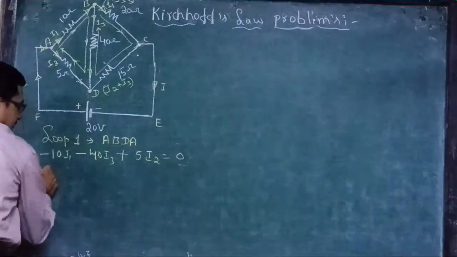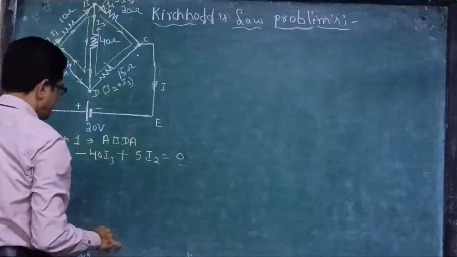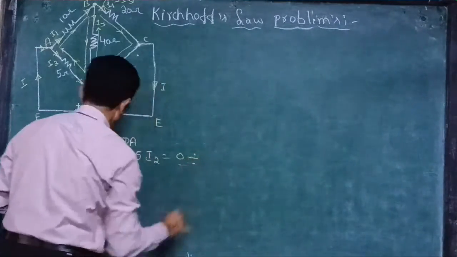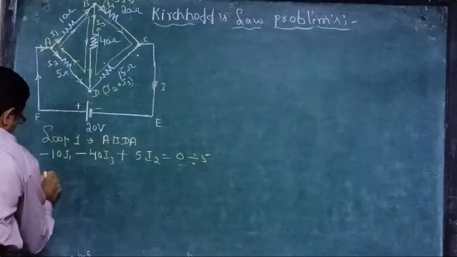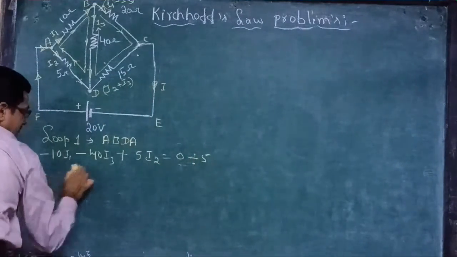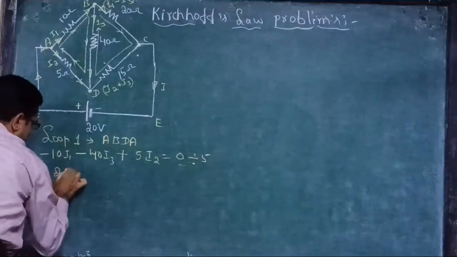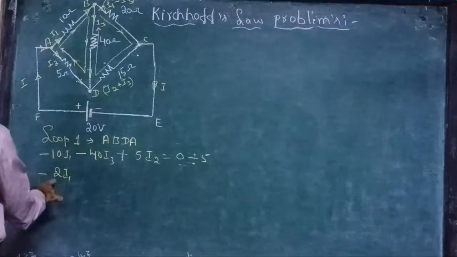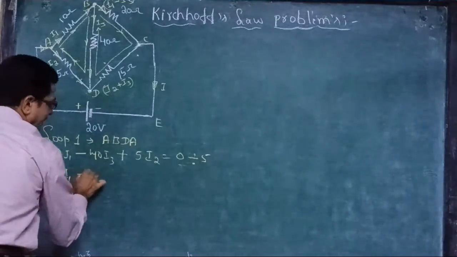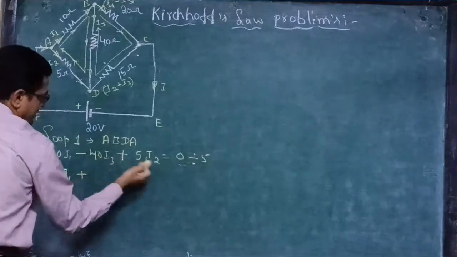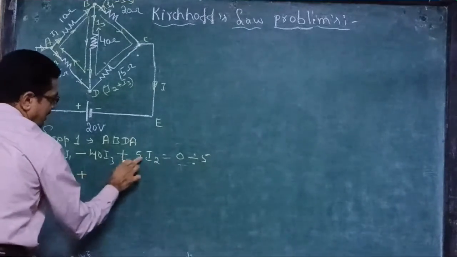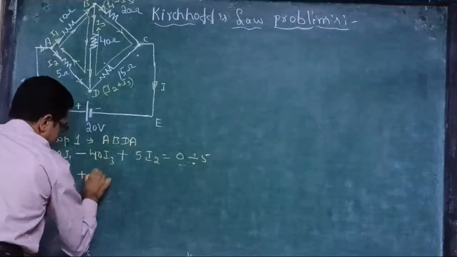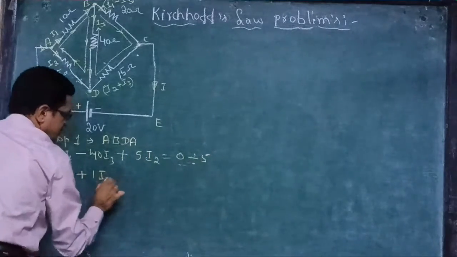Here we can divide by 5. Then minus 5 2s are 2I1. Sorry, 10 divided by 5 is 2, so minus 2I1. Next, plus I2, which I take to this side, so the same sign. 5 1s are 1 I2.